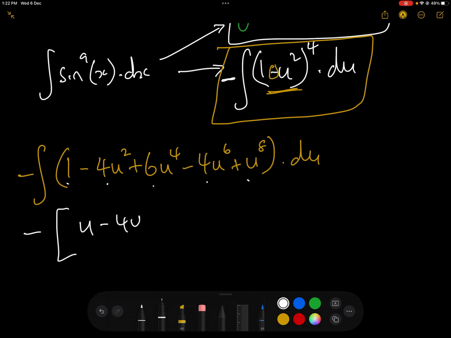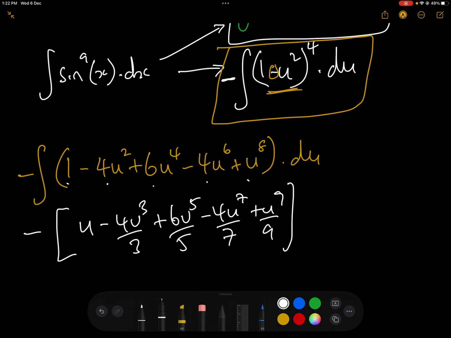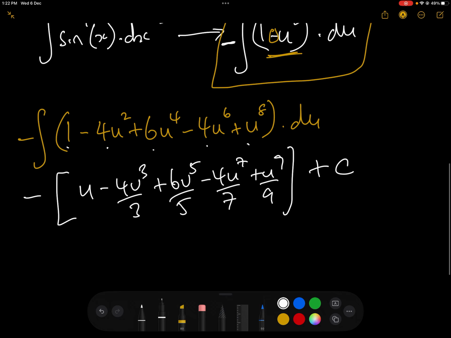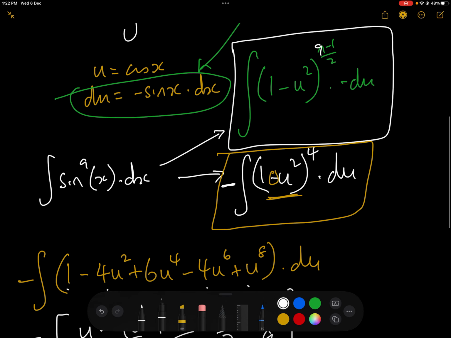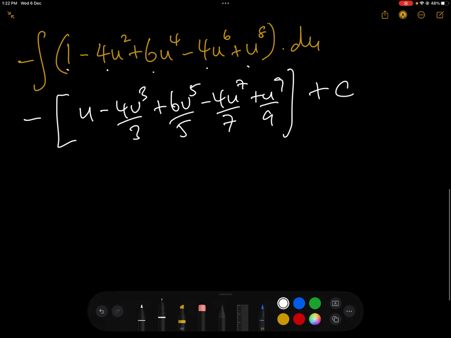So that equals minus u minus 4u cubed over 3, add 6u to the 5 over 5, minus 4u to the 7 over 7, add u to the 9 over 9, add a constant of integration. Then all we need to do is replace u, because we let u equal cos x, so we put cos x back into our answer.